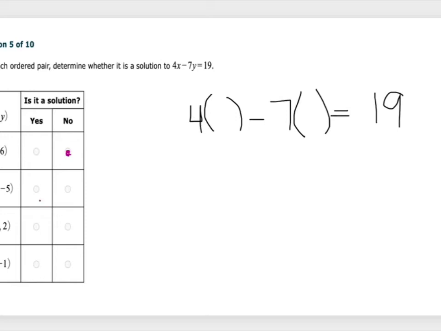Okay, the next one, negative 4, negative 5, negative 16, positive 35. Okay, so 35 take away 16.